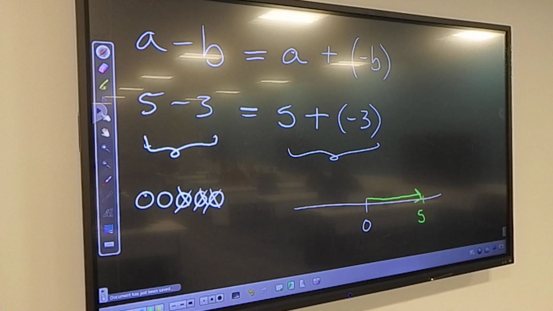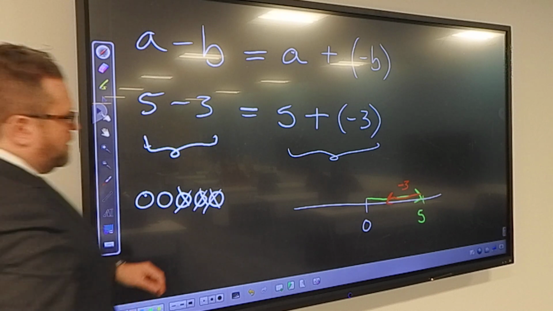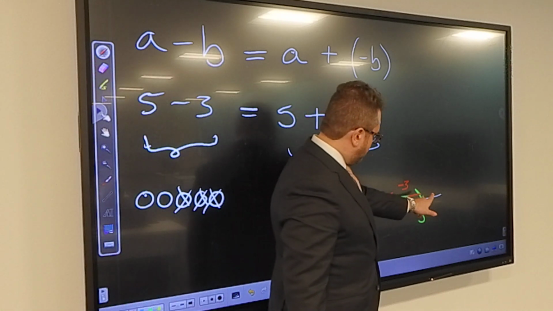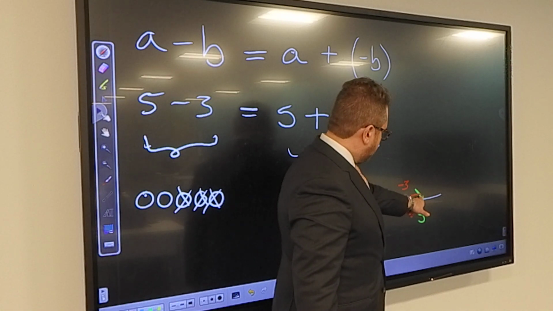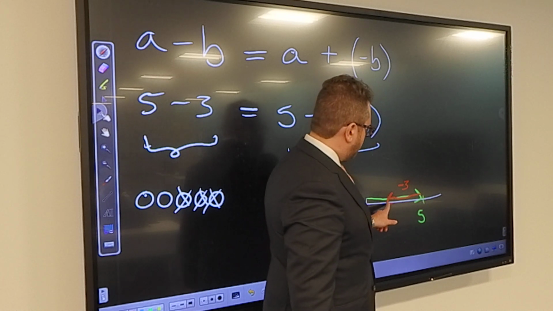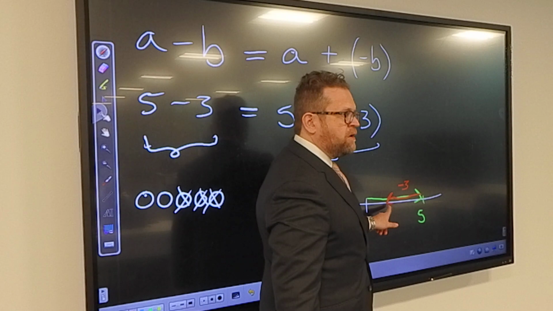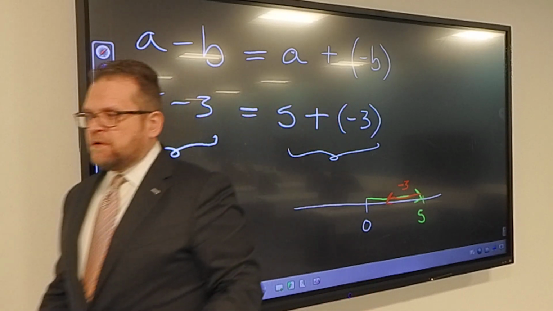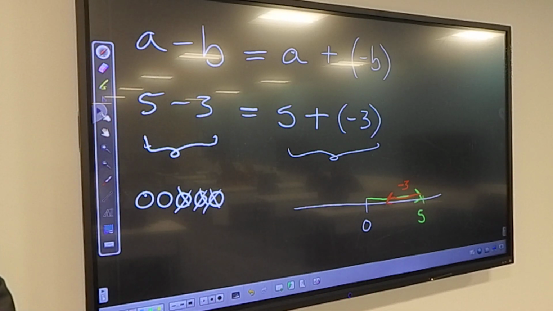And how would you add 2 numbers? You would just put them head to tail. So the red one is minus 3, and I took the tail of the minus 3 and put it right on the head of the 5. And then it would be pointing to a brand new spot on the number line whose name is 2.